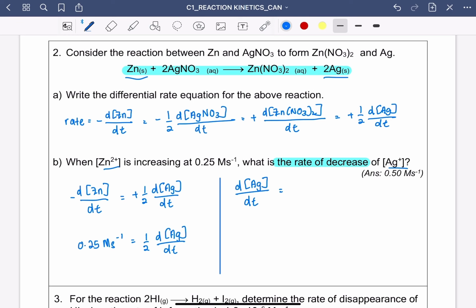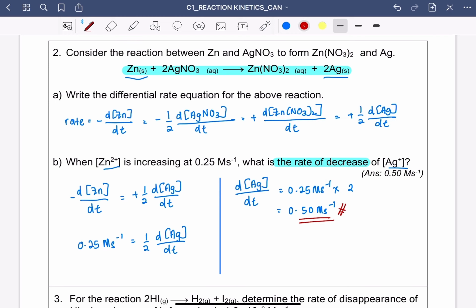So, to solve it, 0.25 M s negative 1, these two go up and multiply with it. So we are going to get 2, therefore we are going to get 0.50 M s negative 1.